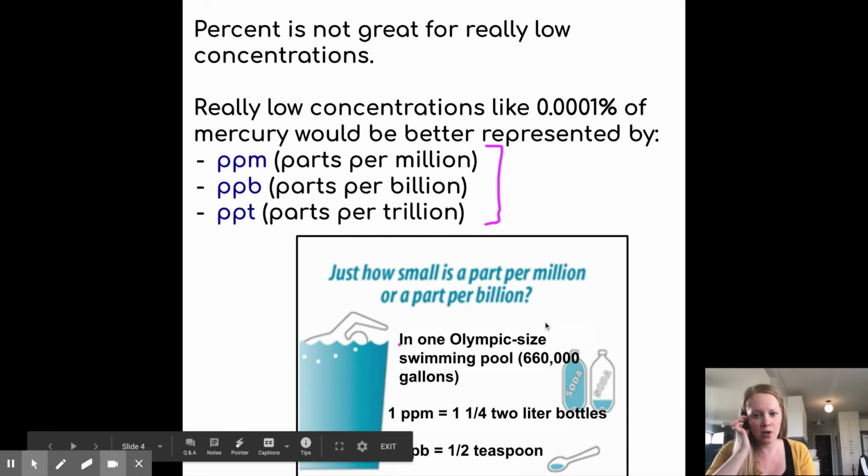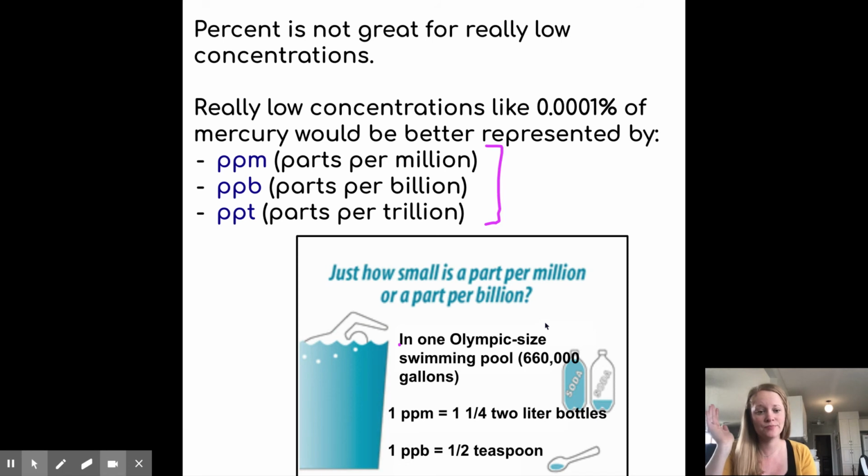If you were to think about an Olympic-sized swimming pool, it has, probably not a random fact, 660,000 gallons of water in it. That is a lot of water.